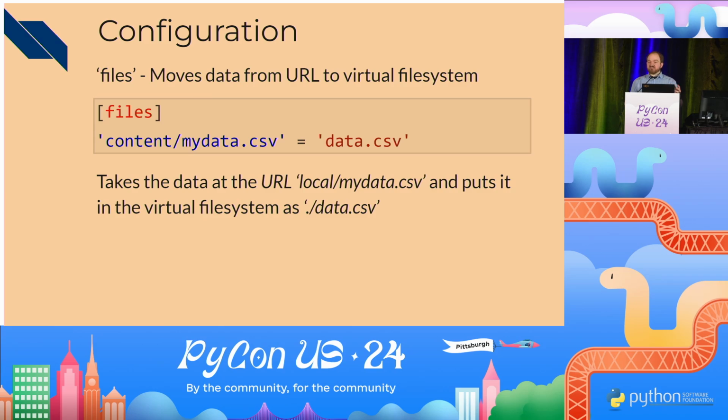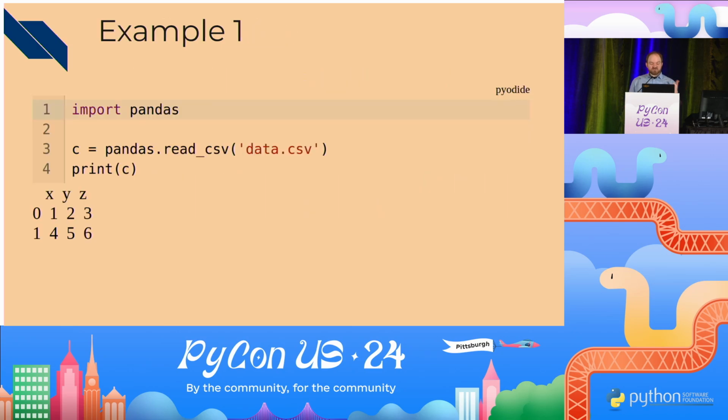So the files configuration is how you get files from the world, from the web, into that virtual in-memory file system for Python to interact with. And it just takes a succession of URL to file location pairs. So this would take the data from, I have a typo here, from content/my-data as a URL and bring it into a local file called data.csv, where we could do something like this.